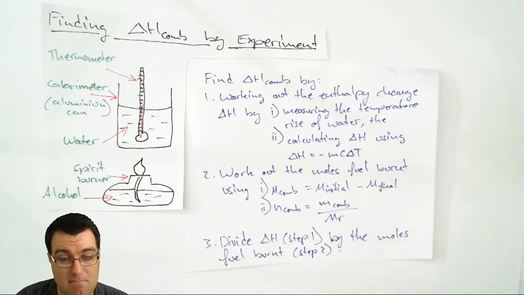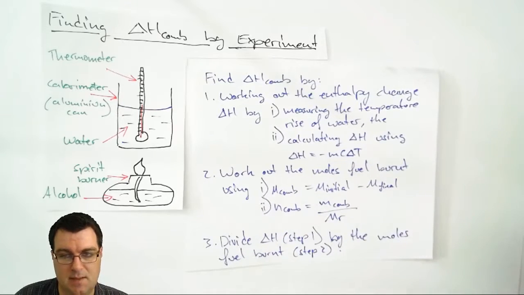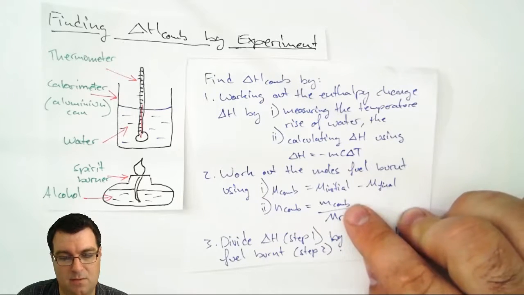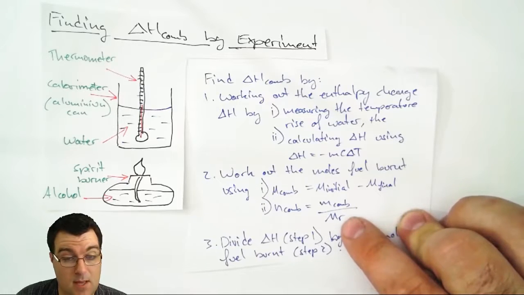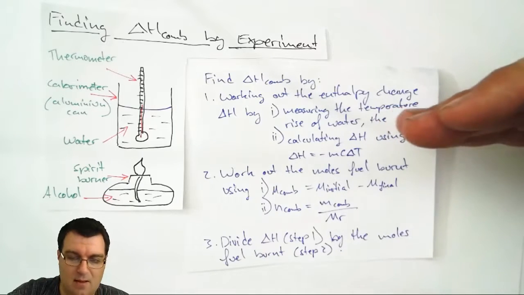Then we find the moles of the combusted ethanol by taking our mass of ethanol and dividing it by the molar mass of ethanol, to find the moles of ethanol.